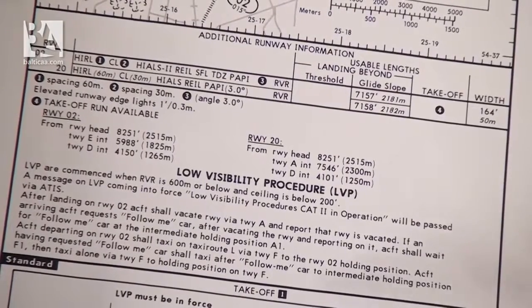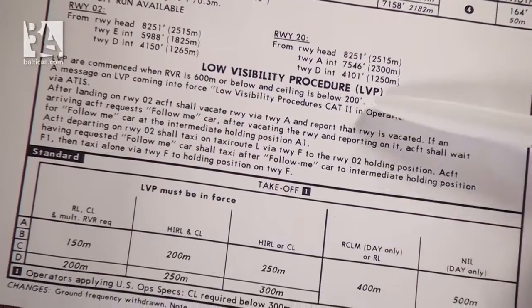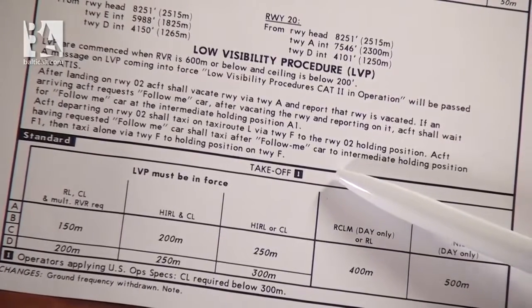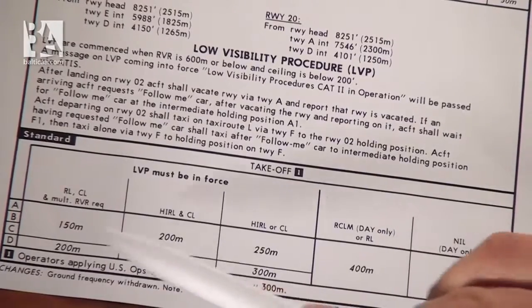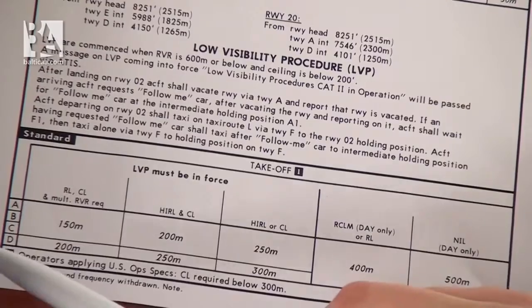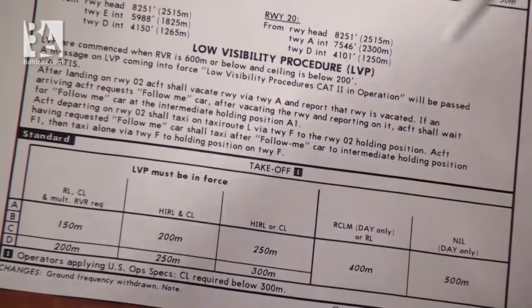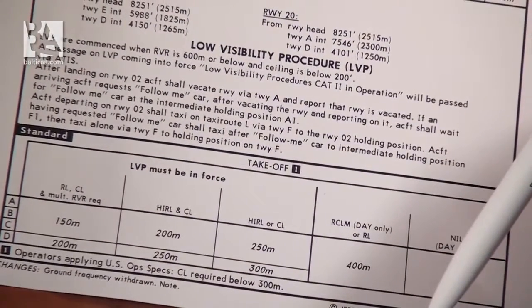Below all of this information we have some information regarding the low visibility procedures, which basically tell you how they are done, what the minimums are, especially for the takeoff. It says that low visibility procedures must be in force and gives you the limitations regarding the operable lighting systems.